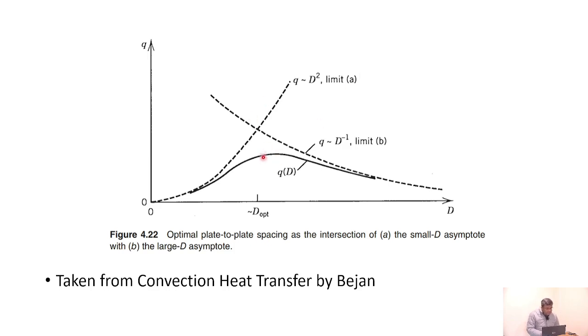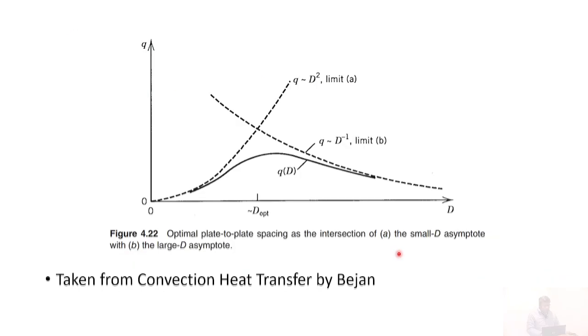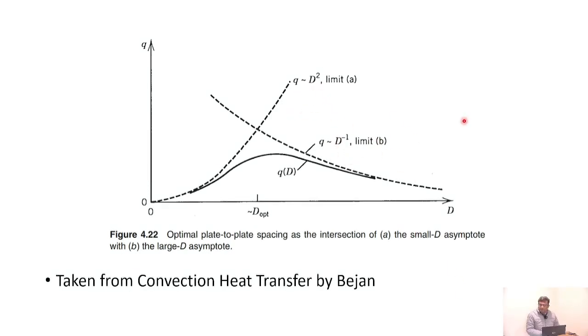So the heat transfer becomes a maximum around here when these two things are equal, right? There is a similar plot in Bejan's book for this forced convection situation also. But I kind of forgot to copy it from Bejan's book to my presentations. But they essentially look something similar to this also. Of course, the dependencies are different in this case. There is z to the power minus 2 by 3 and all that.